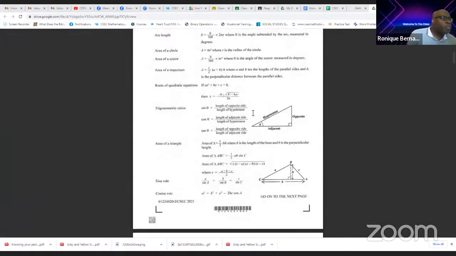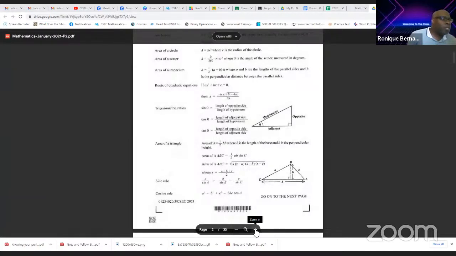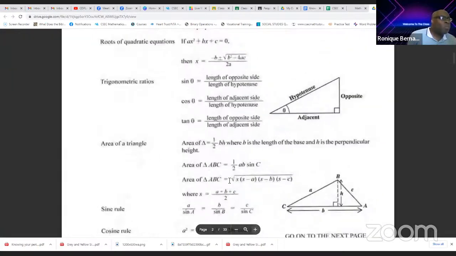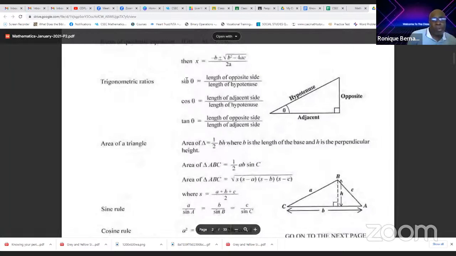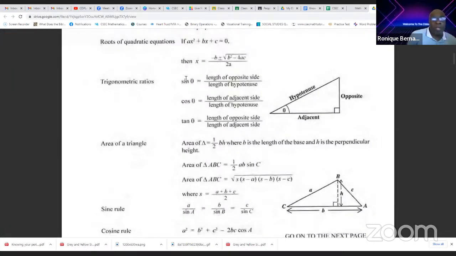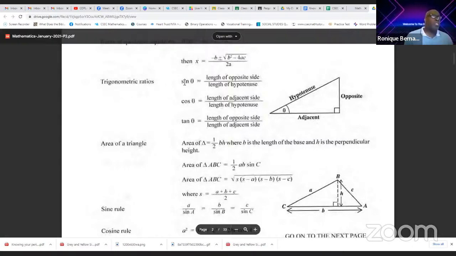Good. So in particular, this one right here. Everybody can see it properly? Alex, Camila? Yes, sir, we can. Okay, good. All right, so these are the trig ratios here.